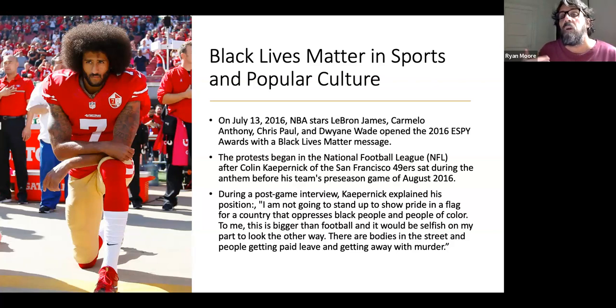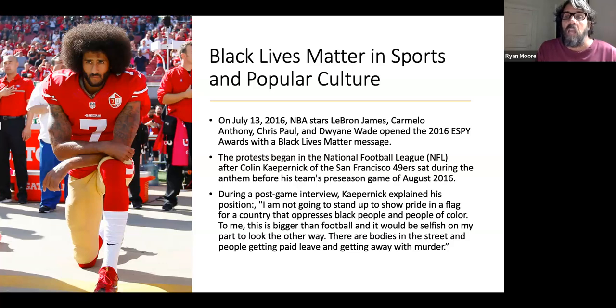Just all kinds of ways in which there's a symbolic recognition of what the movement is saying. And that escalates even further when Colin Kaepernick and another player on the 49ers start taking a knee during the national anthem in August of 2016.